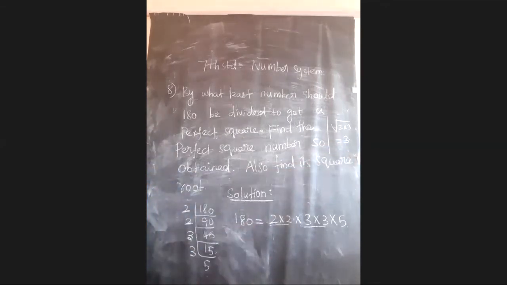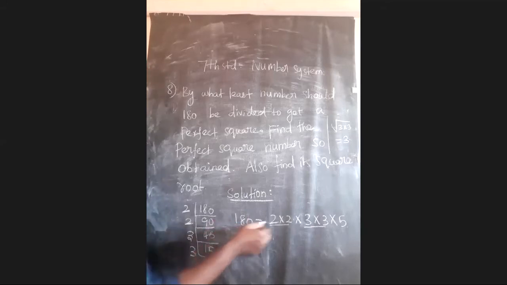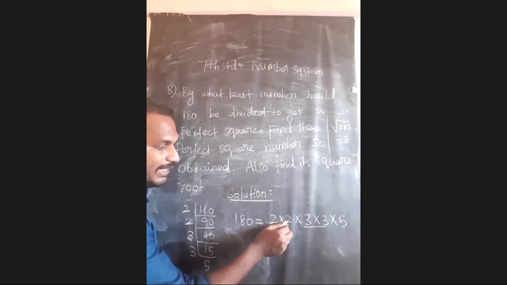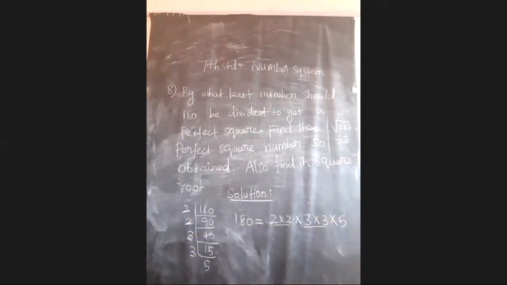Similarly, if you want to get some number as a perfect square, that number should be repeated twice. 2 is repeated twice, 3 is repeated twice, 5 is not repeated. So only one time 5 is there.